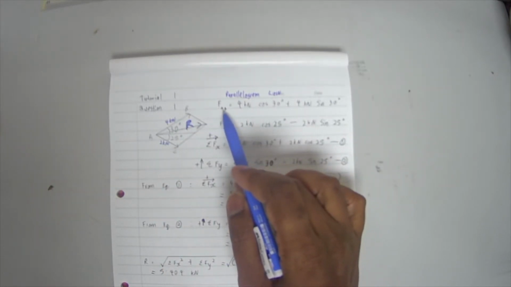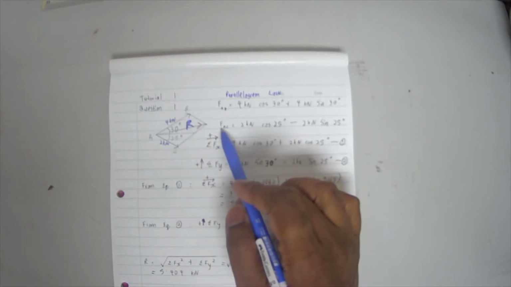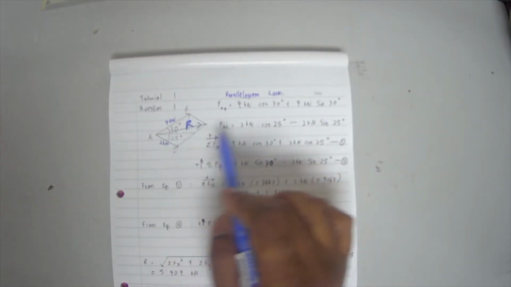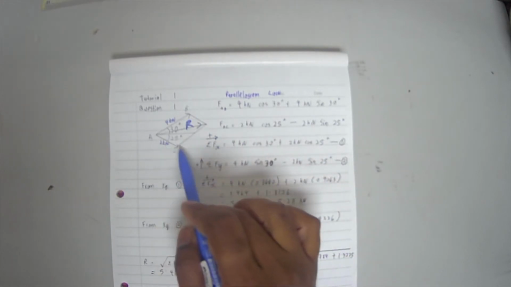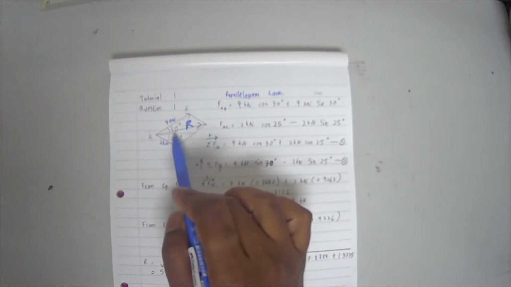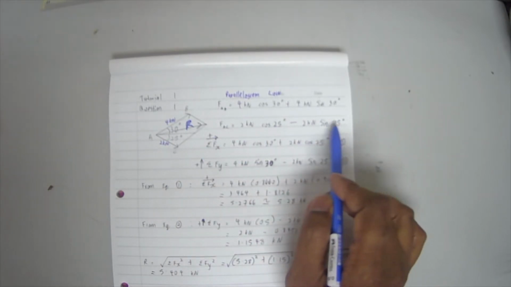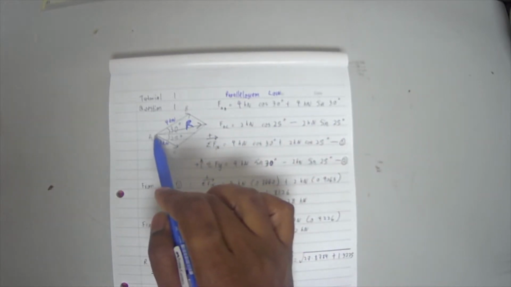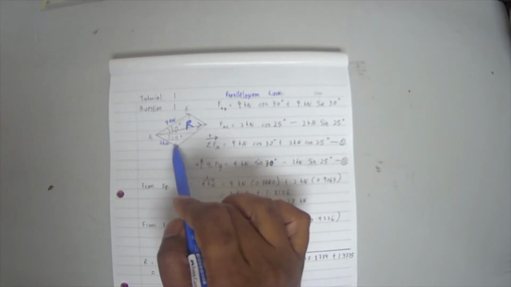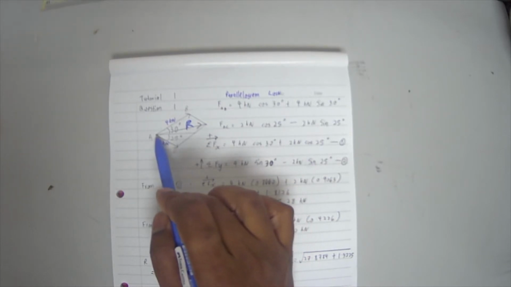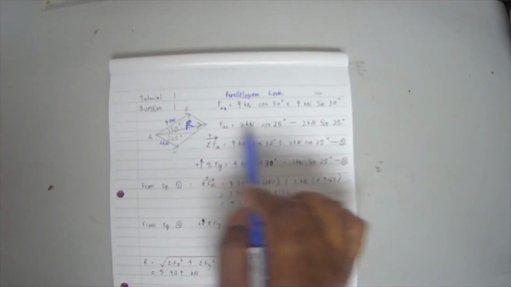For the force along AC, we write 2 kilonewton cos 25 minus 2 kilonewton sin 25. Why minus? Because the force is downwards, and since the y-axis is downwards, it is a negative value.